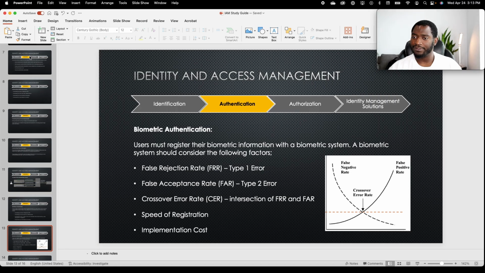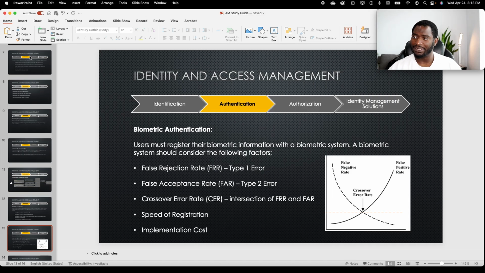You have a false acceptance rate, which is a type 2 error. And then more importantly, you have your crossover error rate. And this crossover error rate is the intersection of where the false rejection rate and the false acceptance rate meet on a graph.